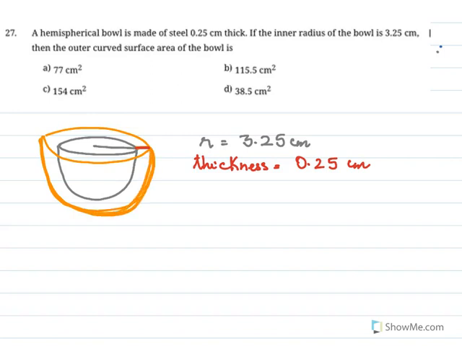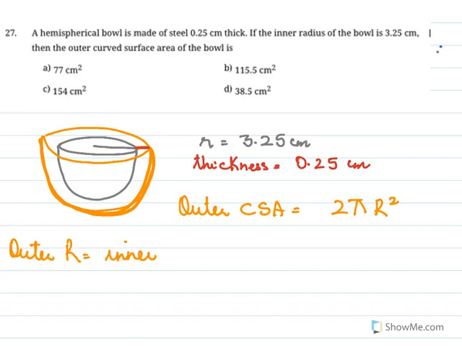We need to find the outer CSA. The outer CSA will be 2 pi R square, where capital R is the outer radius. Now to find the outer R, we have outer radius equal to the inner radius plus the thickness.